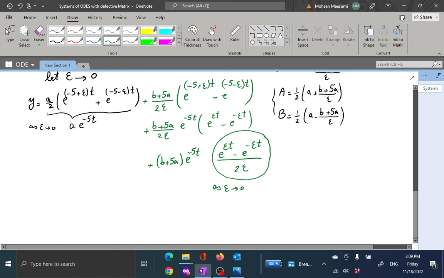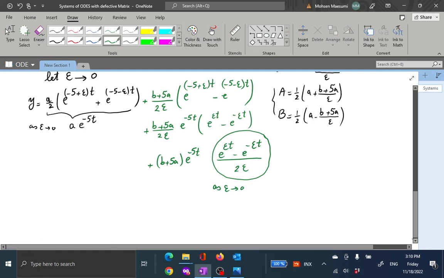So let's see if you remember your calculus 1 skill, how to take a limit of an expression when a variable goes to 0. You had a variety of tools there. Perhaps the most famous was the so-called L'Hopital rule, or perhaps you have some other ways of going about this. Now the letter epsilon might throw you off a little bit because it's not a letter that you use constantly in calculus.